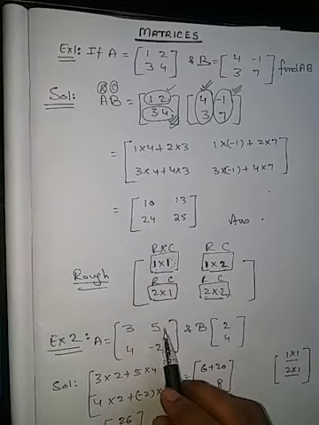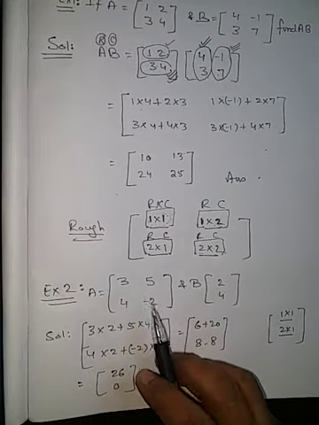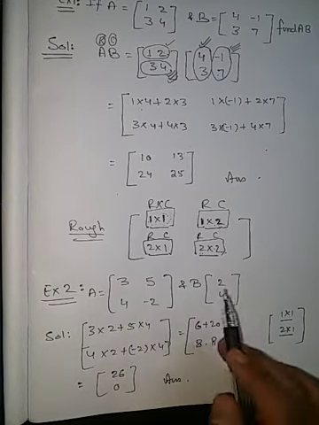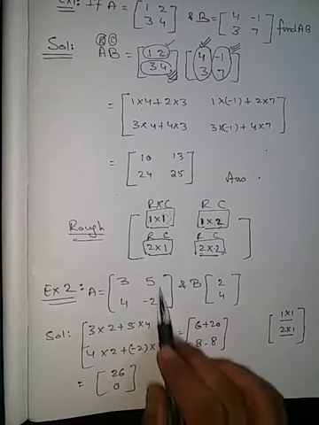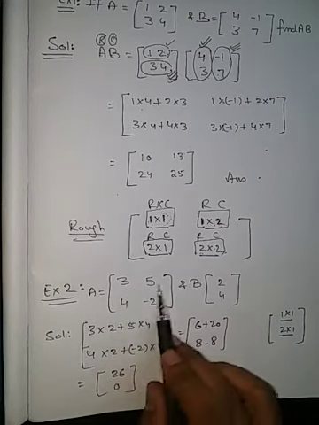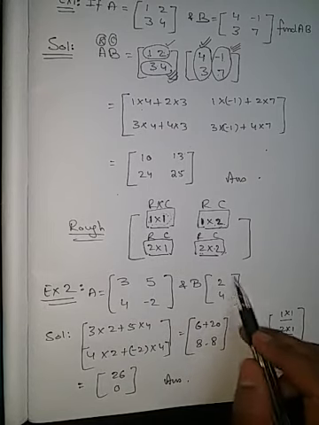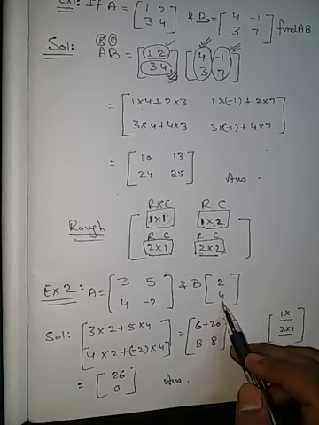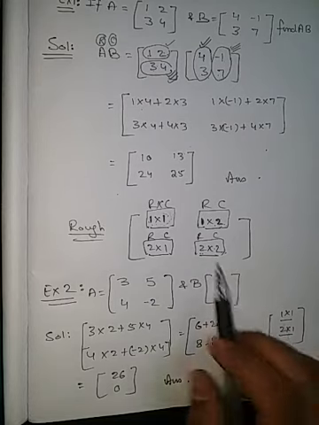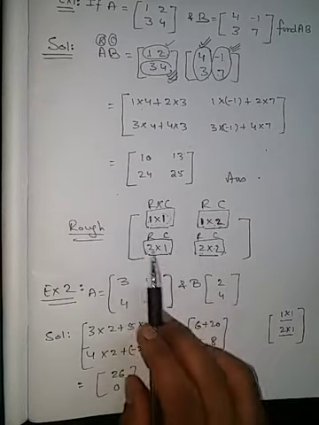If the matrices are not of equal order, here we have a 2 by 2 matrix, 2 rows and 2 columns, but here we have 2 rows and 1 column only. So how to multiply? Again apply the same method.